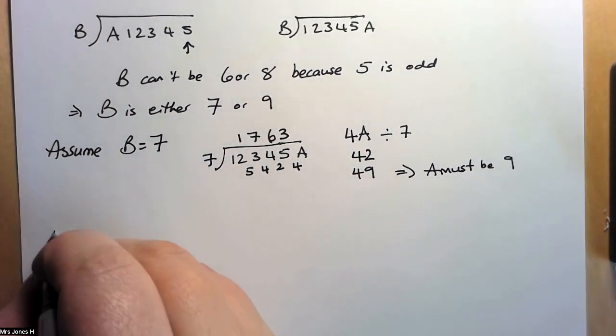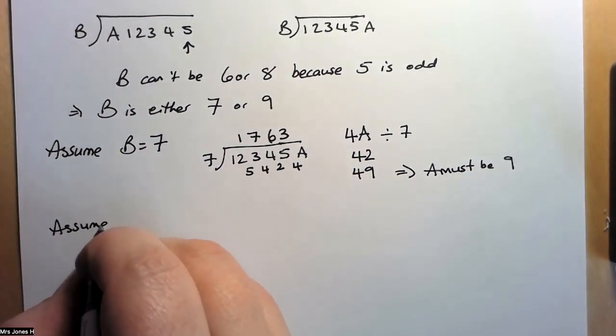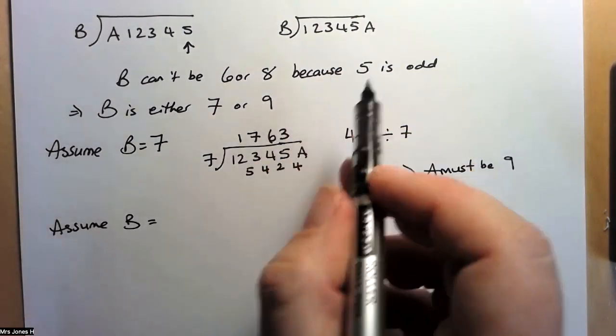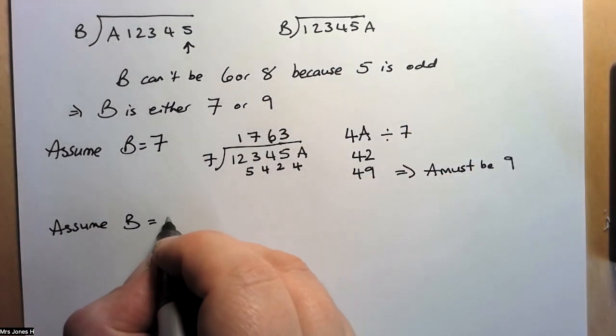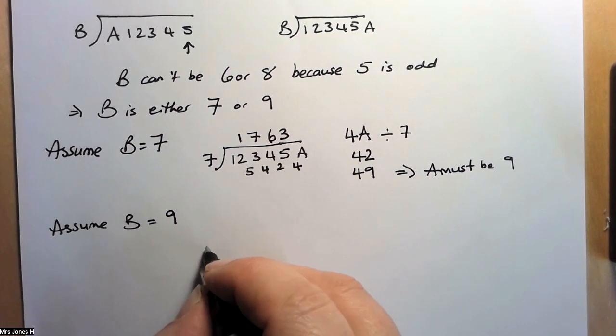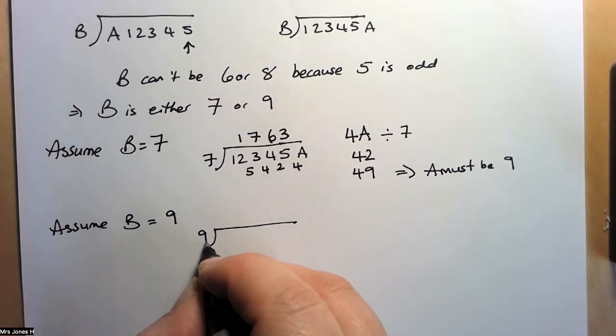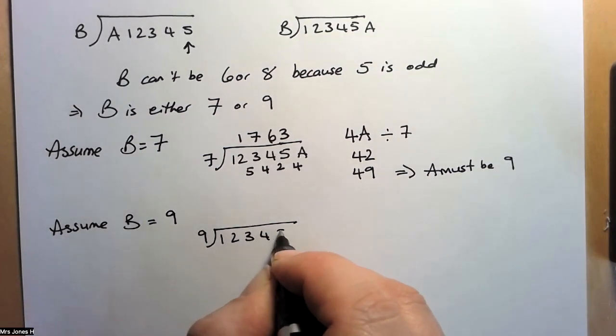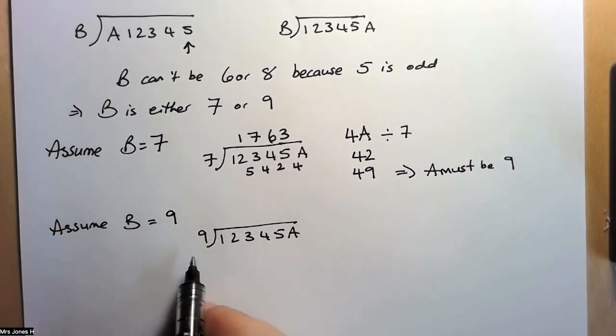What if B was 9 instead? So this time we're putting 9 as the division.